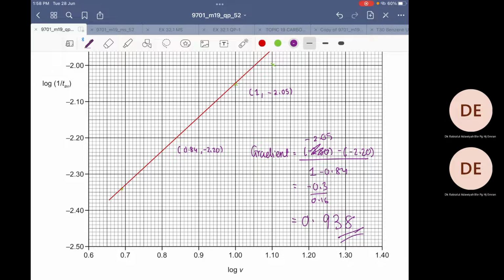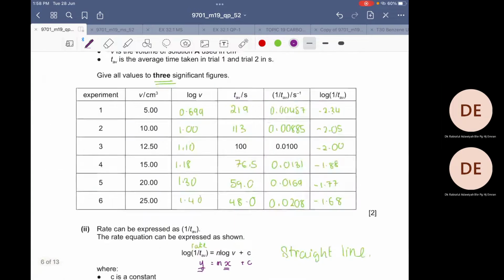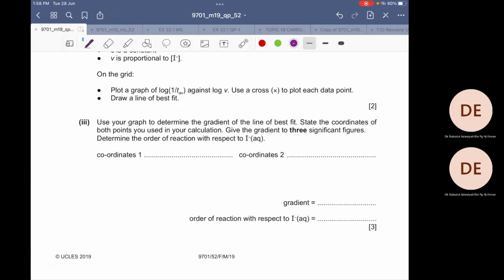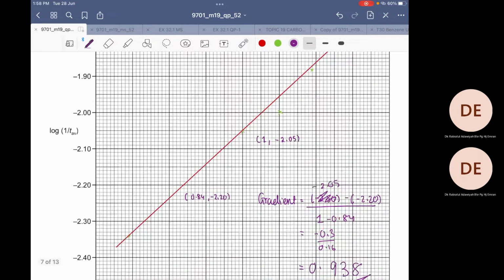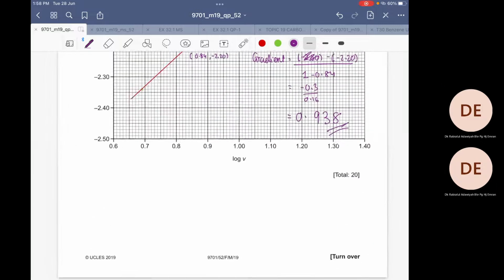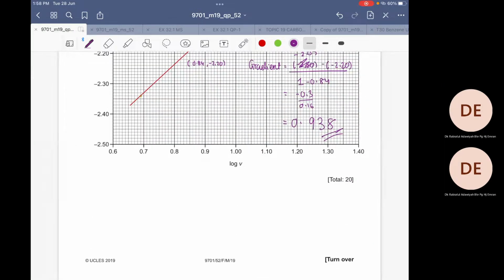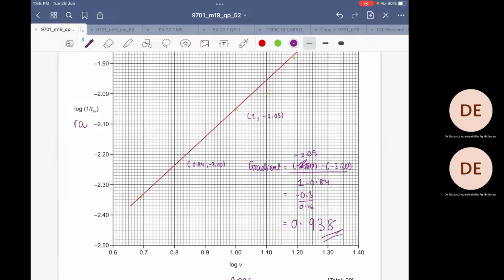Okay, what's next? What do they want us to look at next? Order of reaction with respect to I minus. Okay, so here we have a concentration rate. This brings us back to the topic reaction kinetics.